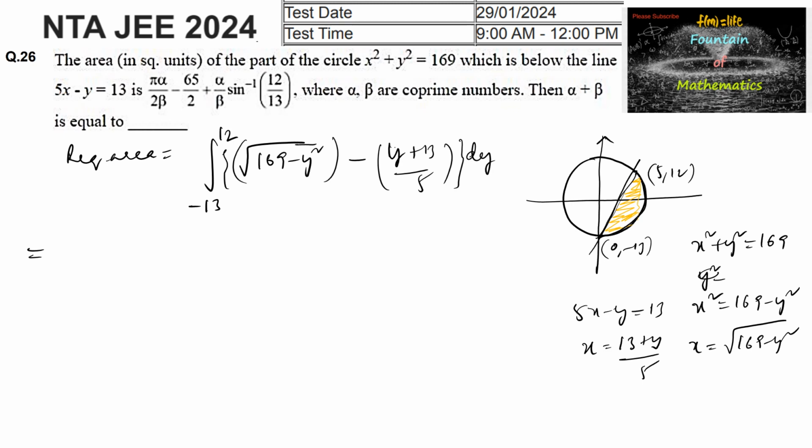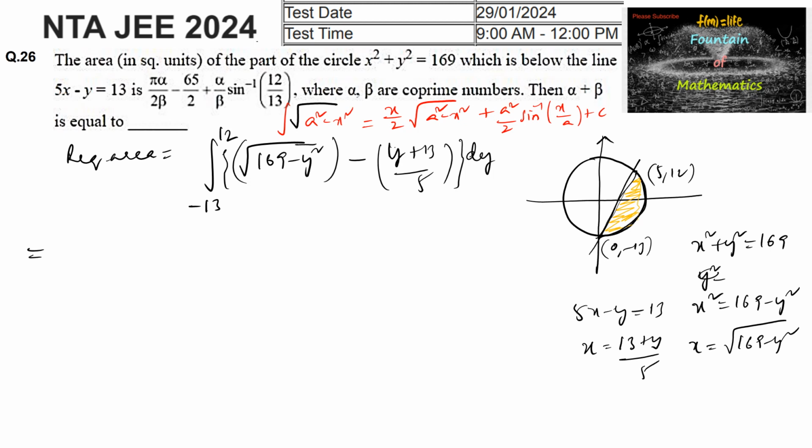So it is equal to the integral of under root of 169, and 169 is 13 square. So it is in the form of the integral of root of a square minus x square, which is equal to x upon 2 root of a square minus x square plus a square upon 2 sin inverse of x upon a plus c.